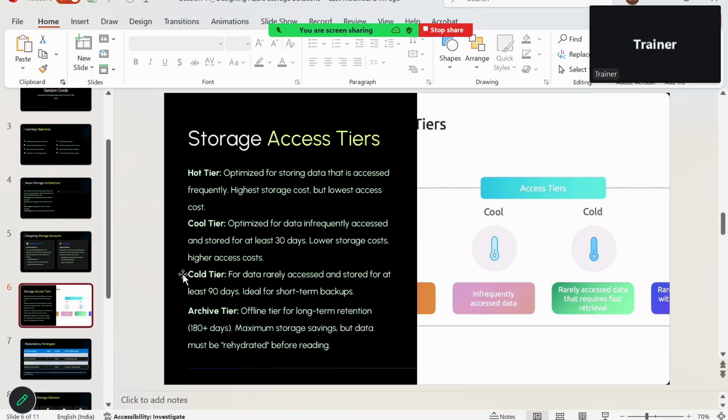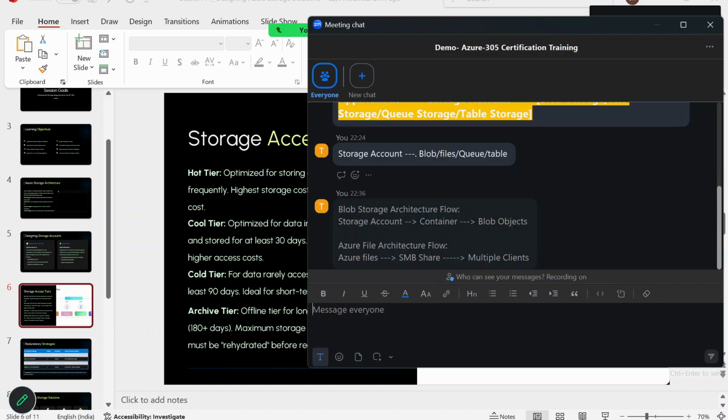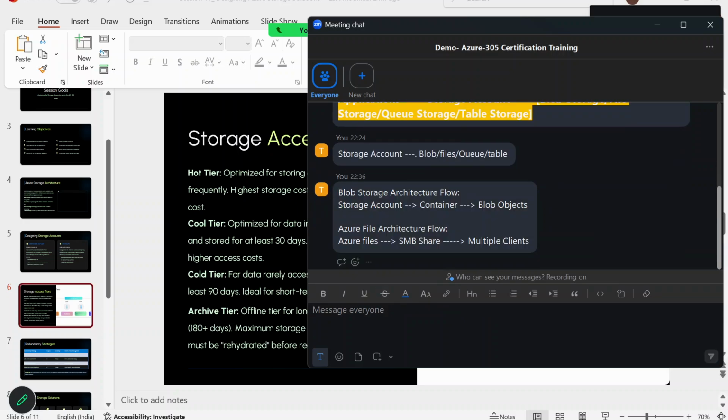For example, it starts from day 0 in the hot tier, then at 30 days it goes to the cool tier, then at 180 days it goes to the archive tier. Okay, let me write it here. So day 0, it goes to the hot tier.